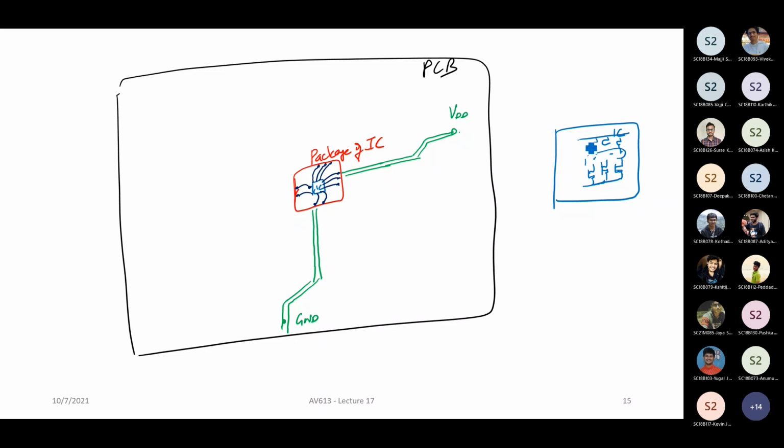Let's say this is your VDD line, and your VDD line is pinned out here. Let's say the ground line is pinned out here, for example. Now, what we are talking about is, let's say the bandgap reference sits somewhere here, and it comes here, and you put one current mirror, and then you do the circuit inside.